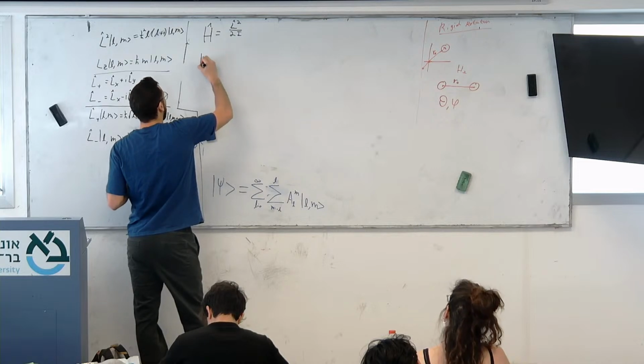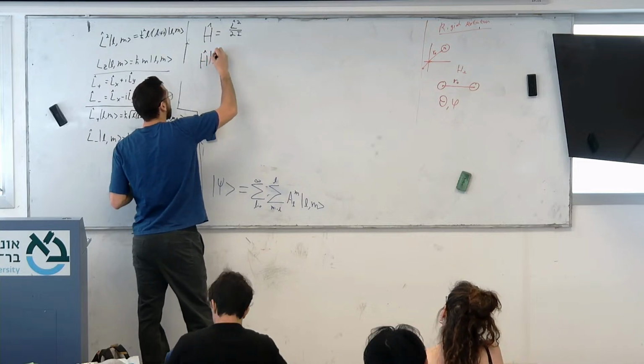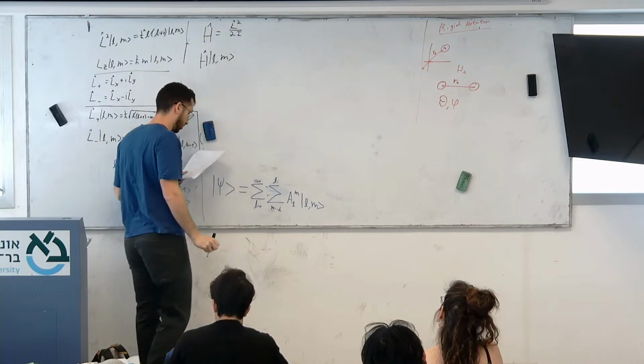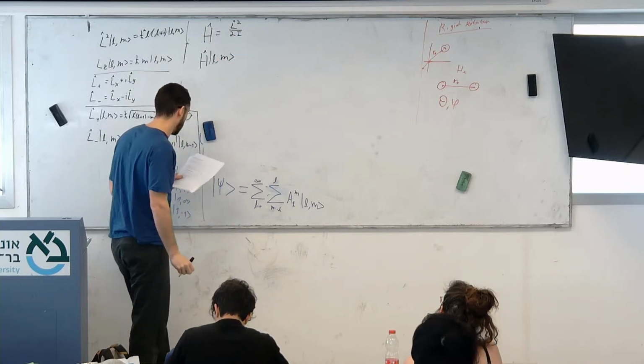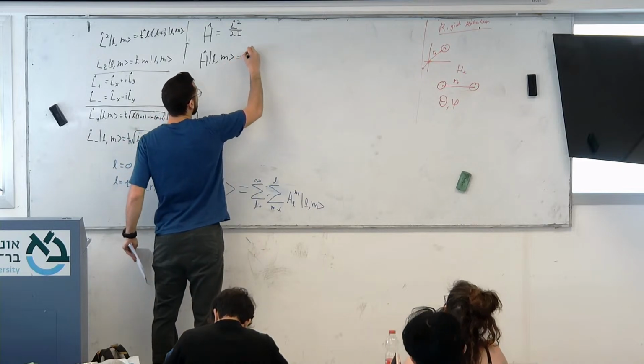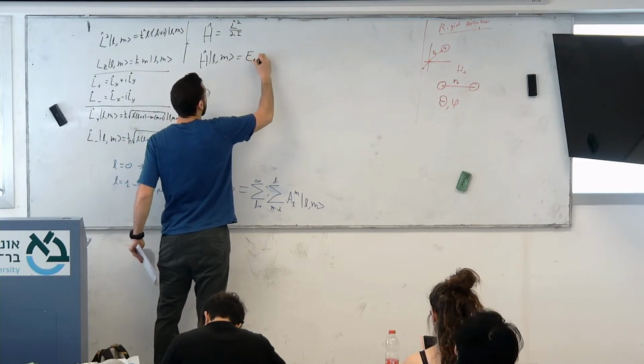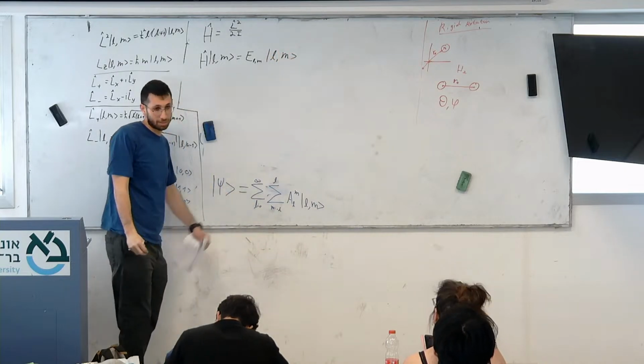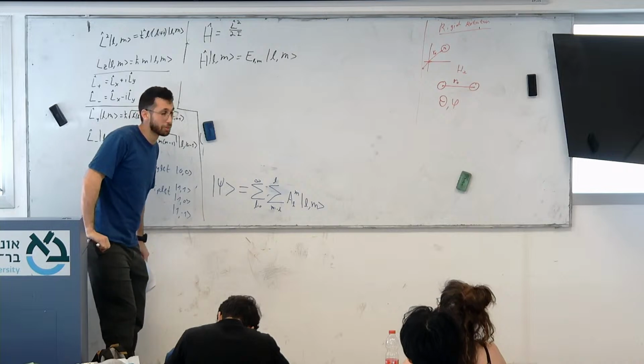So if we try to apply this H to some state L and M, what you're gonna get? You're gonna get E, L and M. This is all well known.